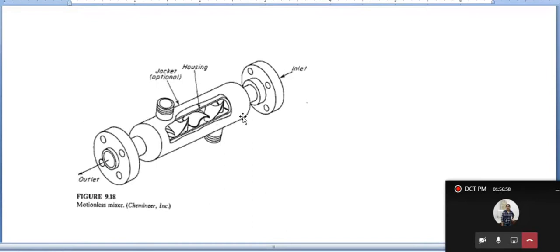If heat is evolved because of the mixing of gases, or if we are supposed to send steam, the jacket is an optional condition for us. If not, the gas passes through the system and then comes out mixed.